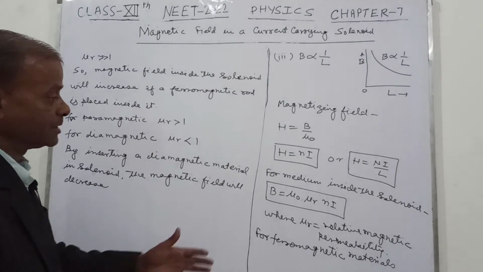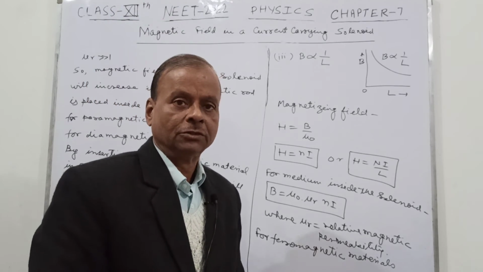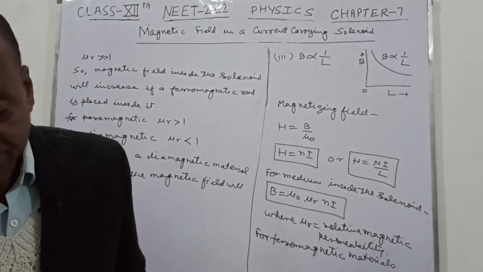So this is the effect of the materials which are kept inside the solenoid. And now after this solenoid we are taking the toroid.